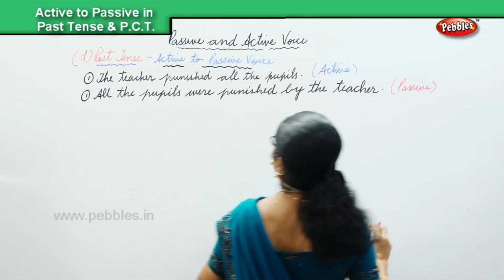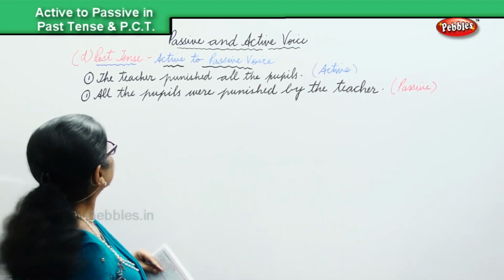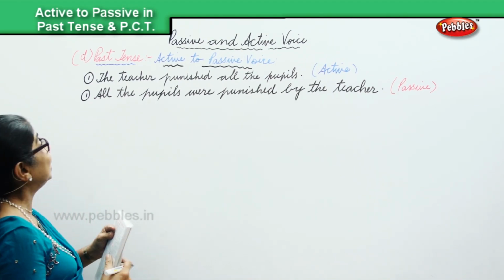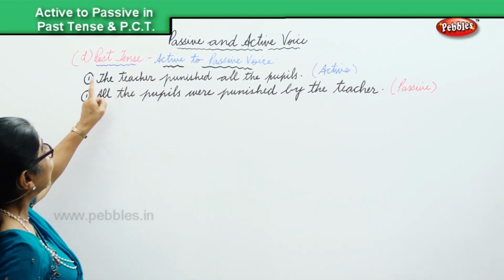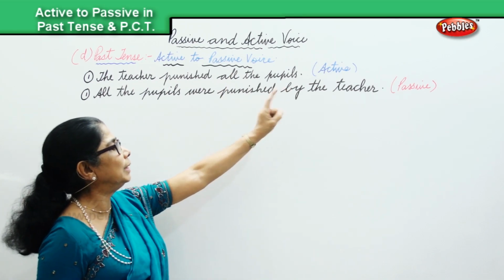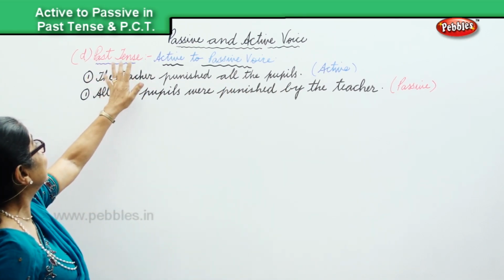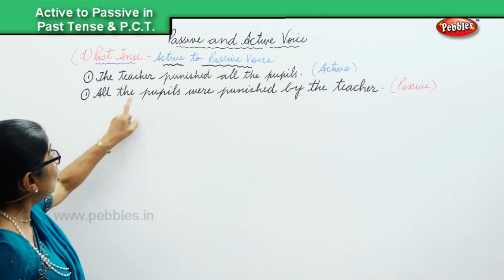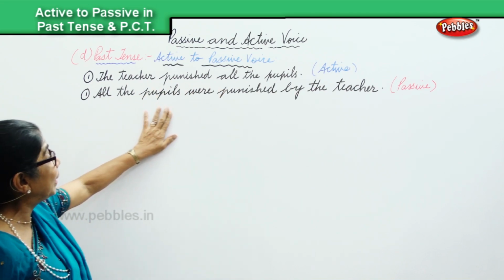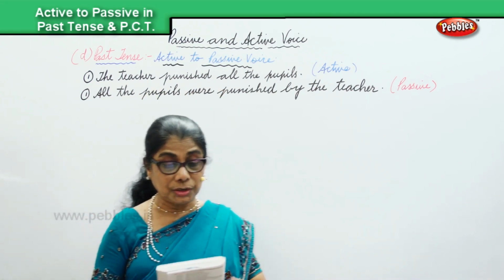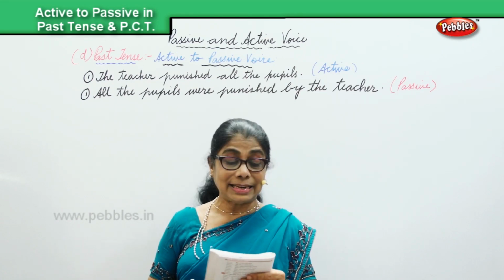We are looking at the past tense, changing from active to passive. The teacher punished all the pupils. That's active. All the pupils were punished by the teacher. Now let's take another sentence.